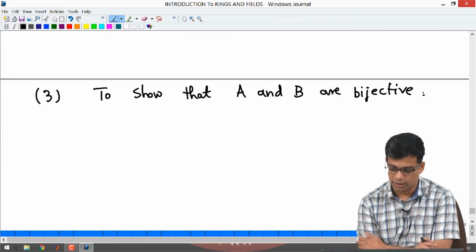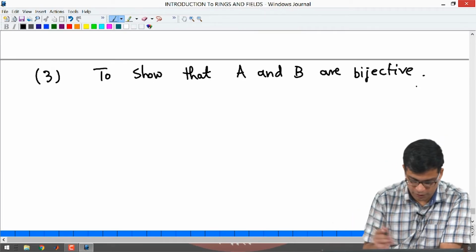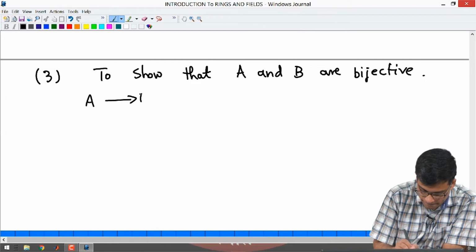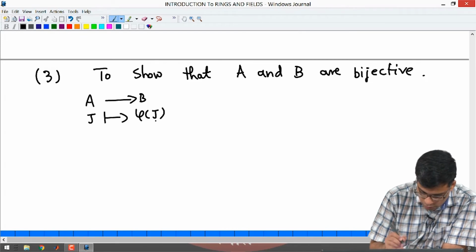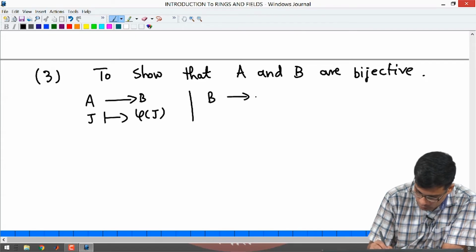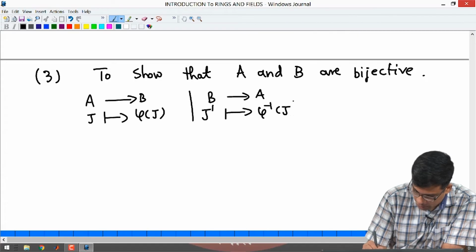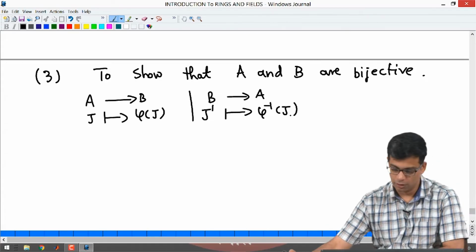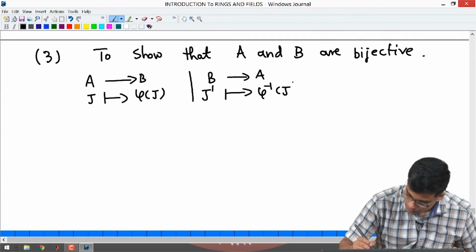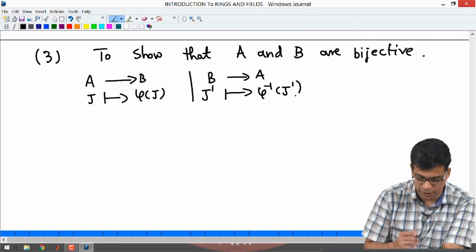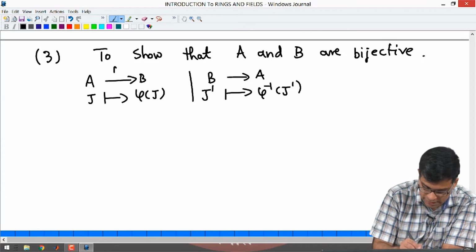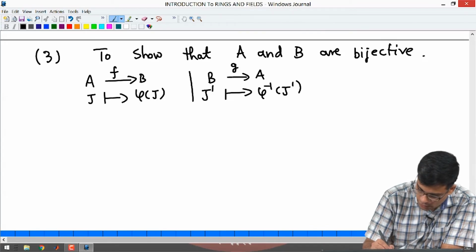I want to show that they are bijective, and the function is from A to B, J goes to phi of J, and from B to A, J prime goes to phi inverse of J prime. Okay. So, the first statement is this is the function. So, let us call this f and let us call this g.